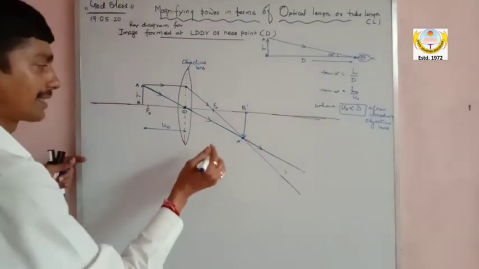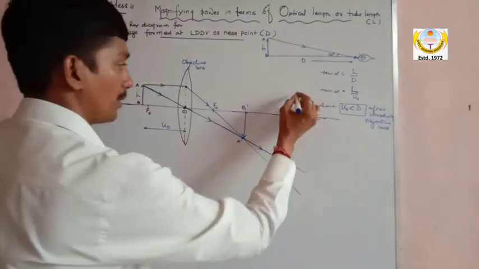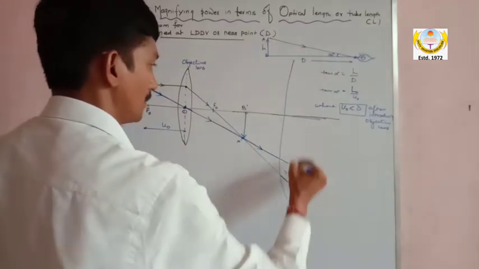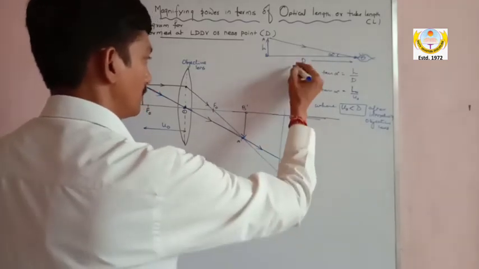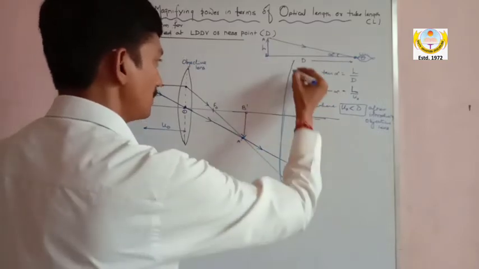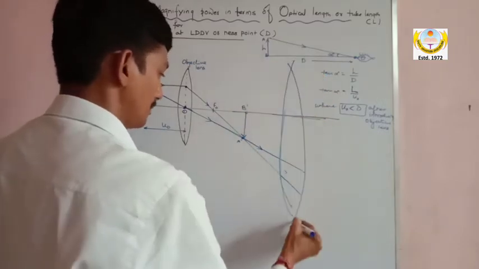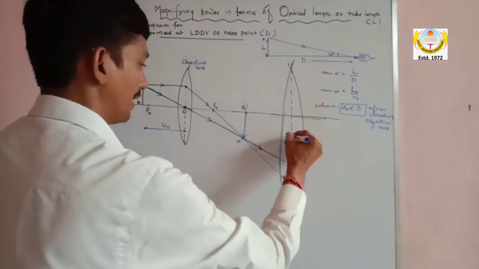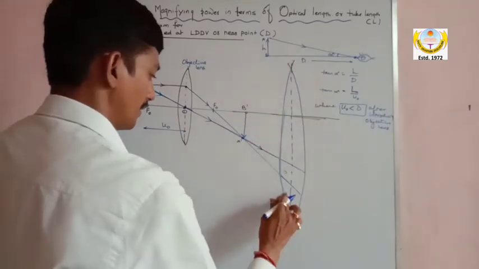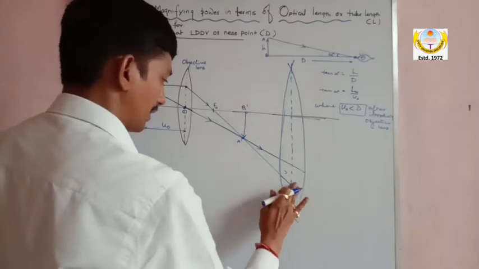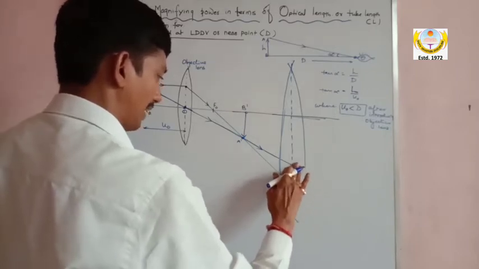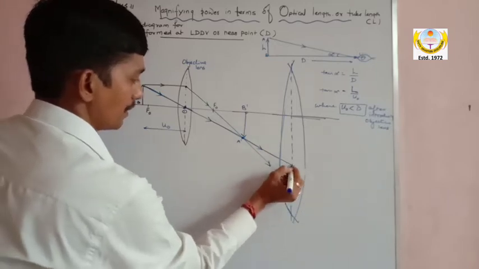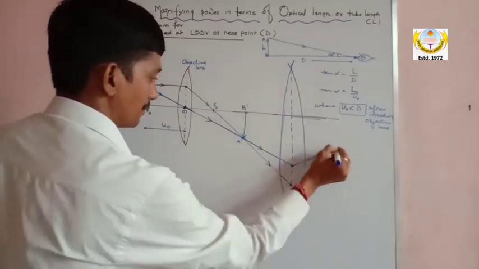Now, next step, what I am doing, bachche, here you all know I can draw the another lens. With the optical center, and here, bachche, I can stop this way. Here they are falling on the optic axis, and now they will go here.